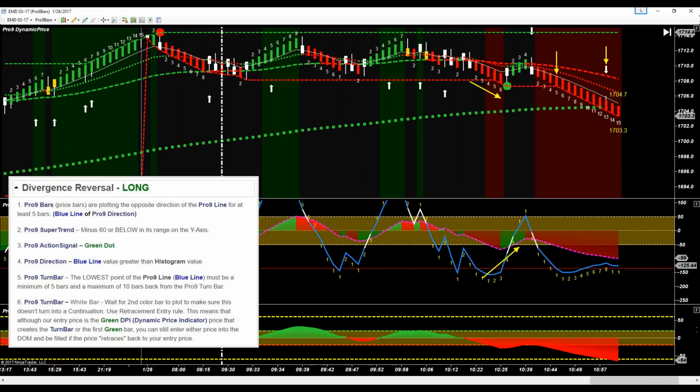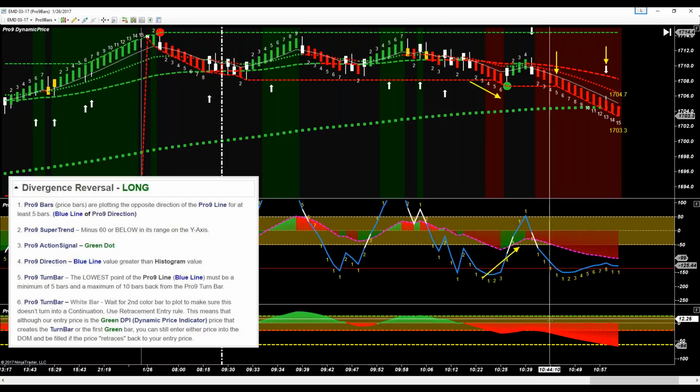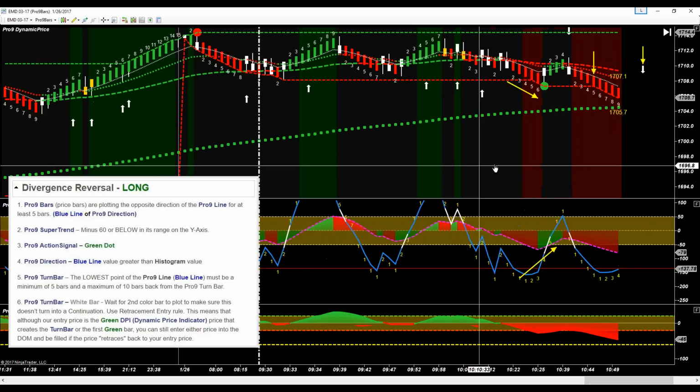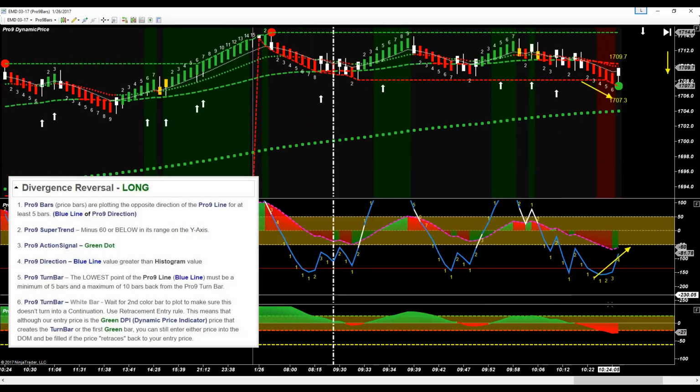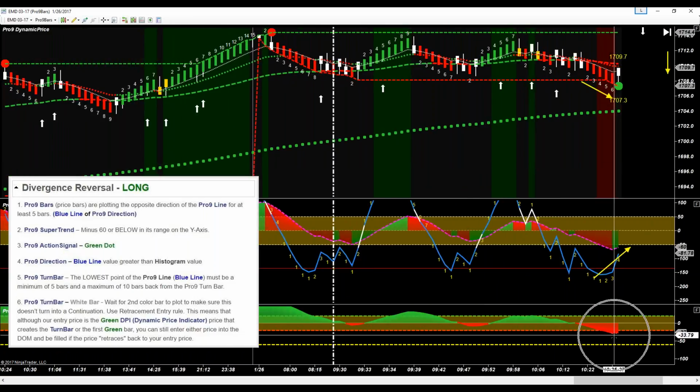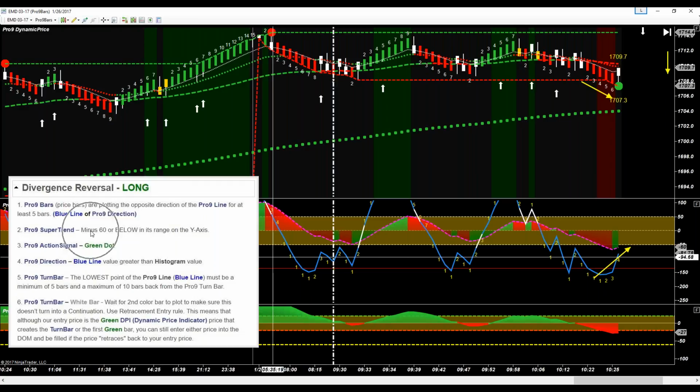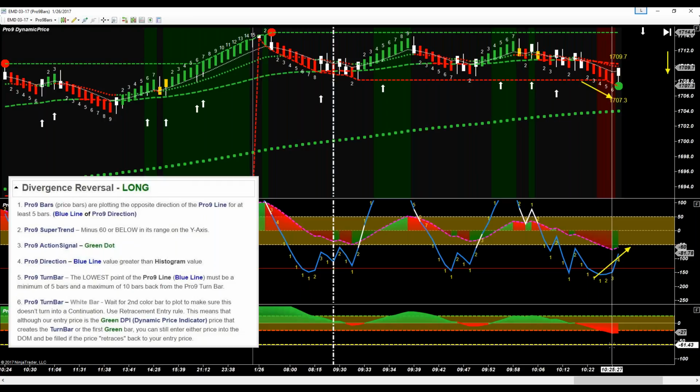The next thing I check for, that lets me know if I should continue looking for a divergence reversal, is my super trend. If I look at rule 2, my super trend needs to be at minus 60 or below for a divergence reversal long, or outside of its extreme zone, this yellow area here. So at this point, it's not. So when I see this, I'm not really going to keep a closer eye on it.